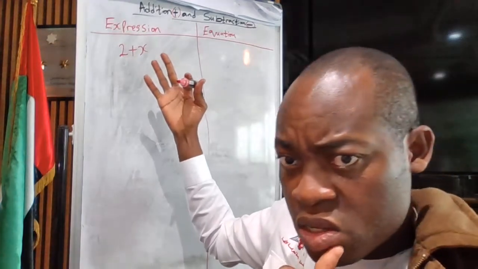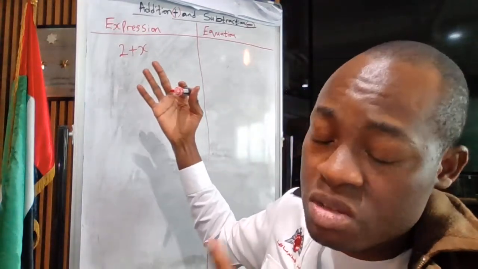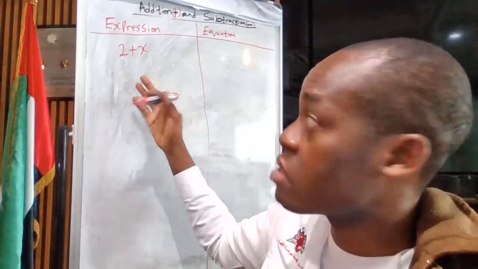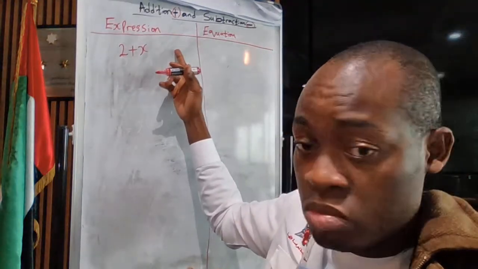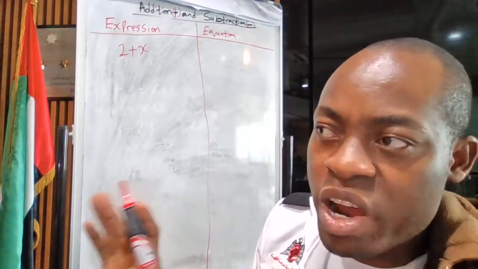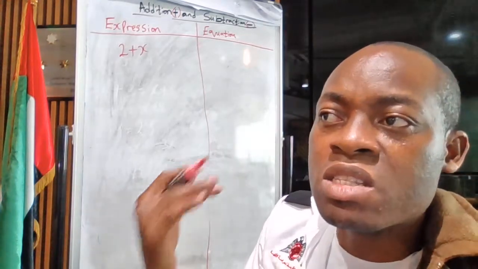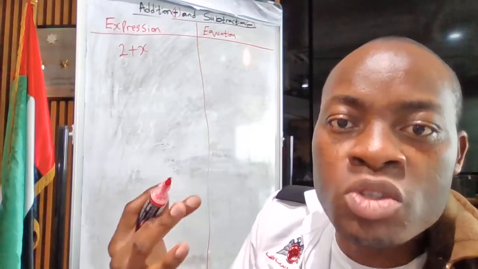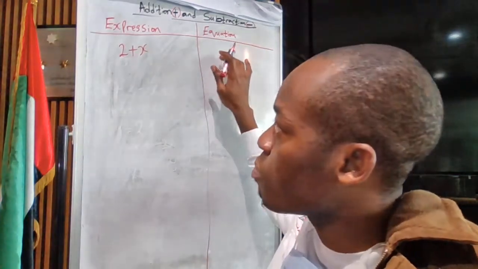Usually most teachers, not to talk of students, will put equals to and derive an answer. Yes, if you know the answer is right, but it makes it complicated for students to understand equation.